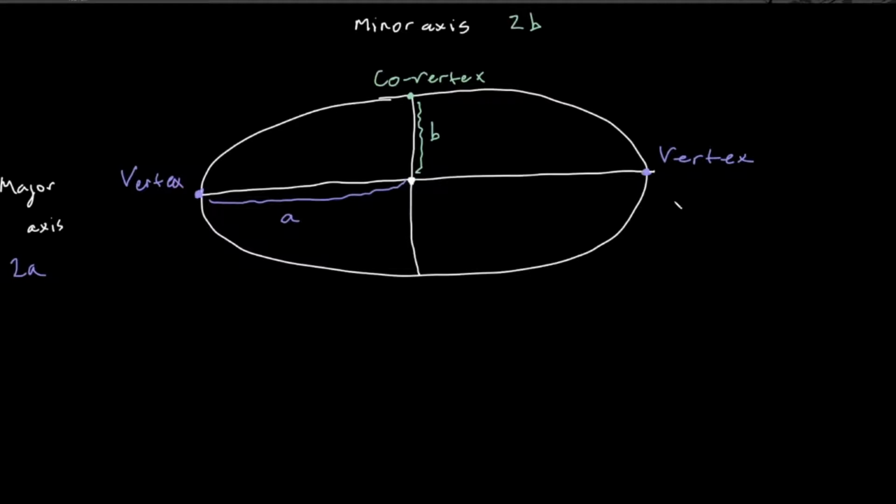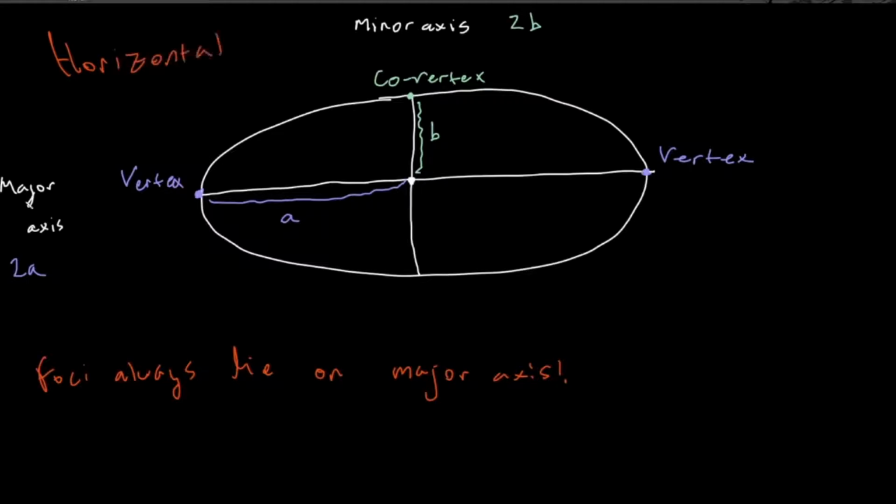Now, we're going to have our foci. The foci always lie on the major axis. So this one's horizontally oriented because the major axis is with the x-axis. So the foci are going to be somewhere in here. I'm going to call this focus 1, and I'll call this focus 2.